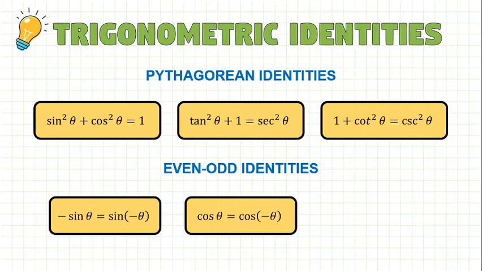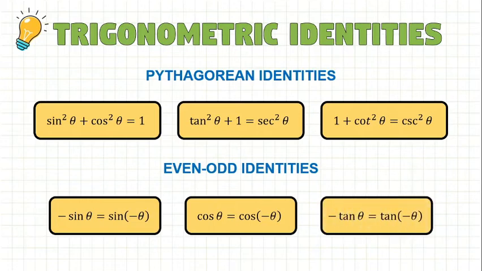And the third identity for even odd identities is for tangent. Tangent is an odd function, so the same lang yung identity niya sa sine. We have negative tangent theta equal to tangent negative theta.